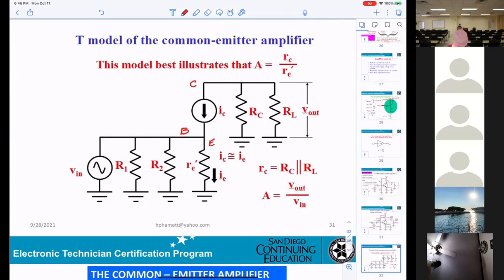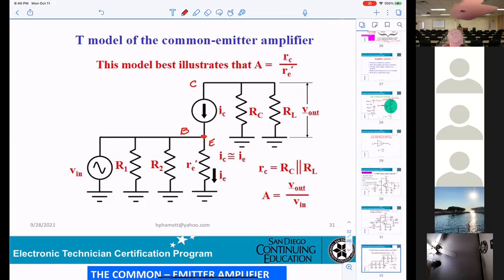Basically from the collector going to the emitter here, you get only one current. That will be IC. You already know IC equals beta times IB. However, this will be AC. Current IC will be AC.